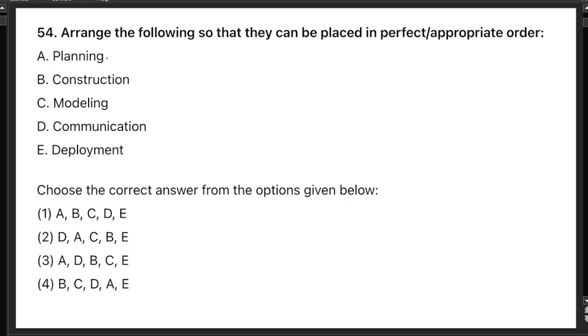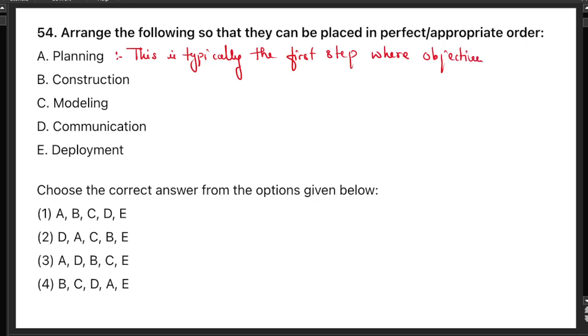First is planning, which is A, and what this defines, I will write it for you all. This is typically the first step where objectives and strategies are set.